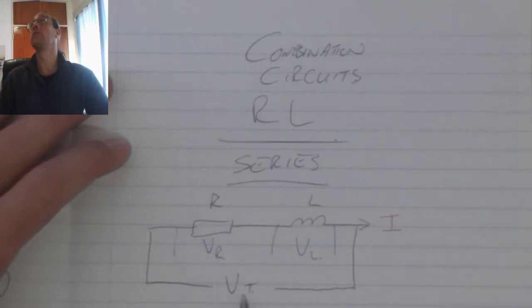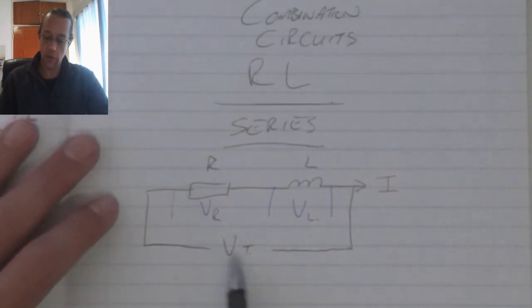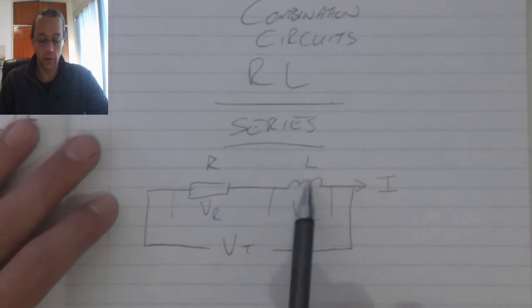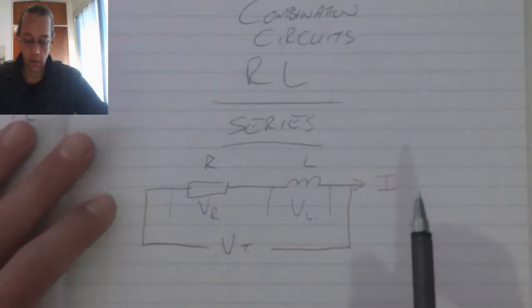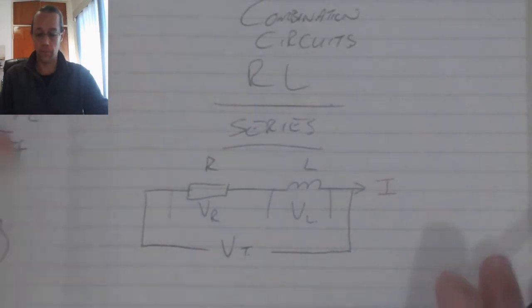Because the supply voltage has a frequency, my inductor is going to generate a reactance that we looked at in part 1.